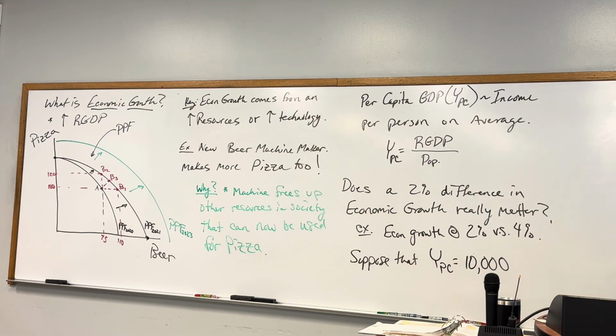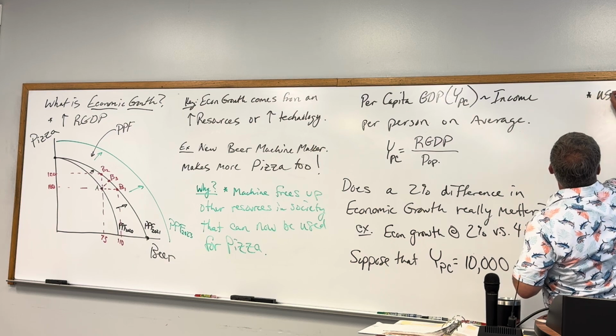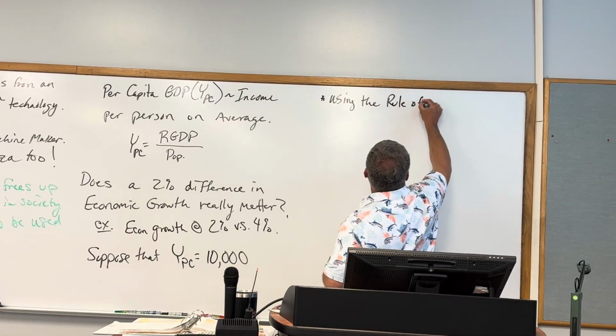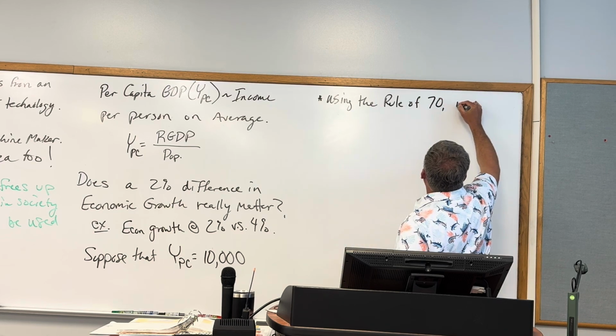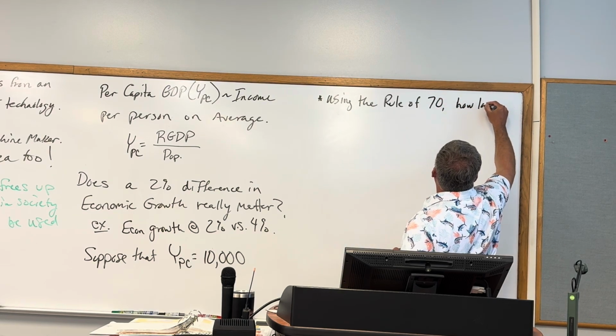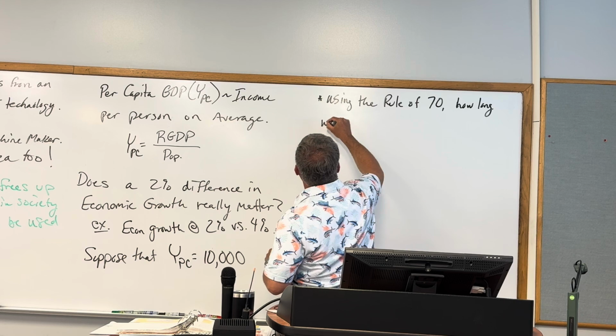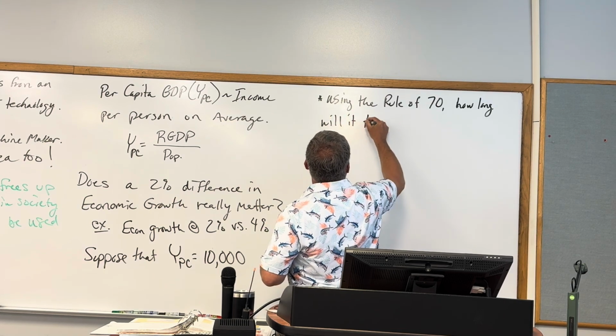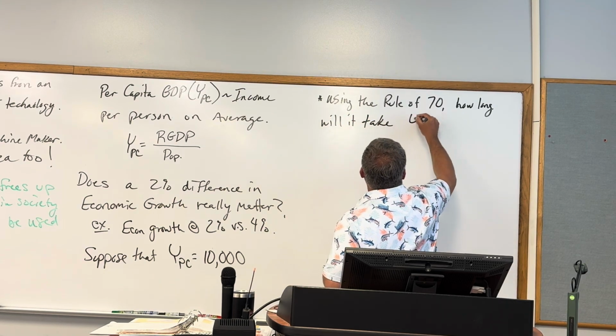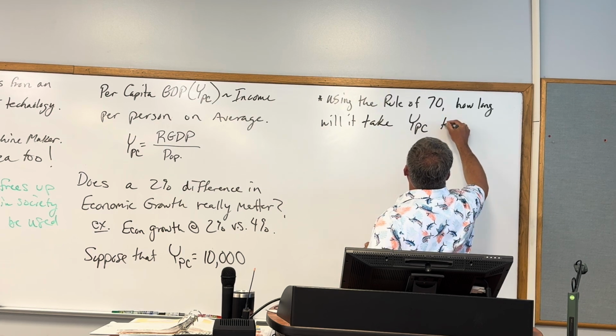All right, so suppose that's it. Using the rule of 70, how long will it take per capita income to double?